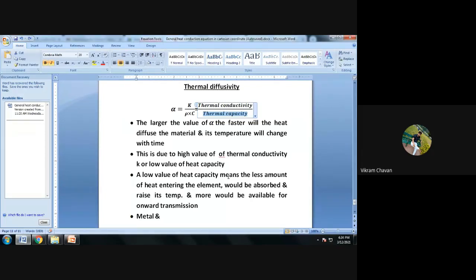Now metals and gases have a relatively high value of this particular thermal diffusivity.